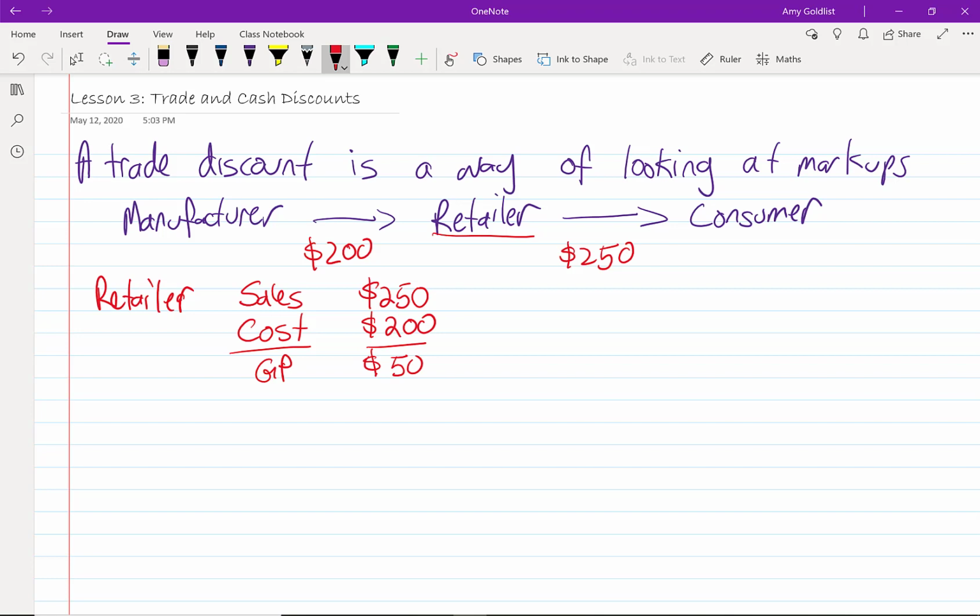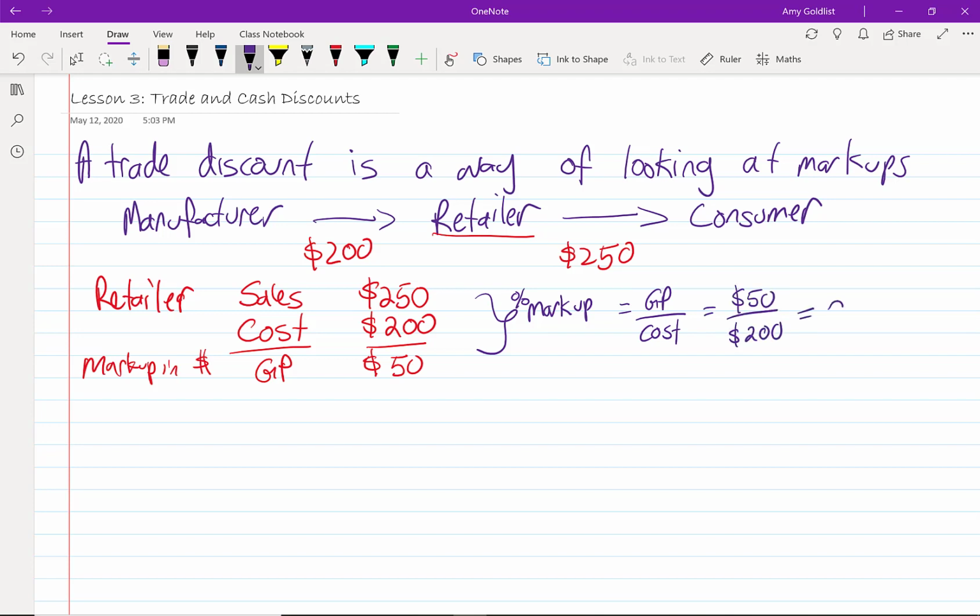When we look at this as a percent, we can see that markup is going to be gross profit, or markup in dollars, over cost, which is $50 over 200, and that is 25%. So the markup is $50 or 25%. That's one model of looking at how the retailer buys it when the retailer sets the price.